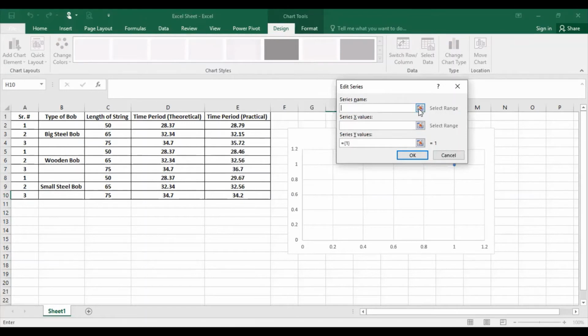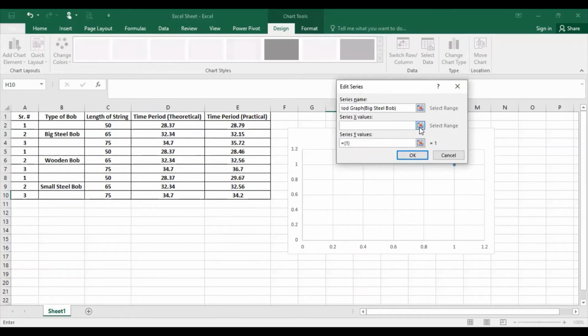add it here. Series name: simple pendulum graph, and you can say you are constructing a length versus time period graph. Time period graph, in brackets I am writing big steel bob. So it's done.